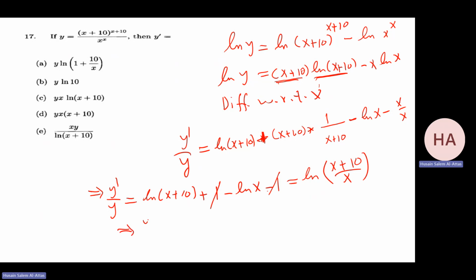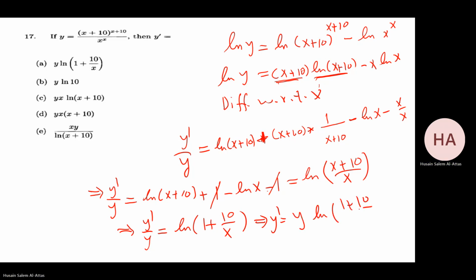Or in other words, y prime over y will be ln of (1 plus 10 over x). So y prime will be y times ln of (1 plus 10 over x), which is this y. Okay, so that is the answer, which is clear.